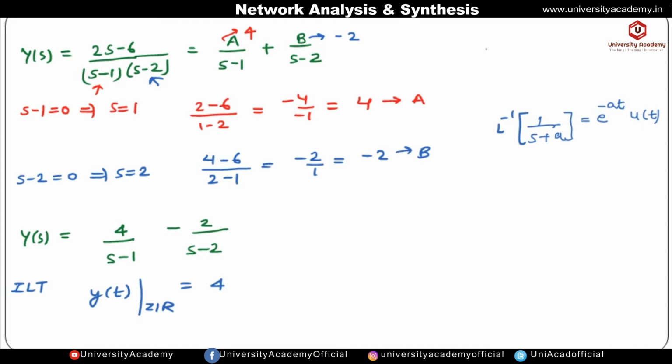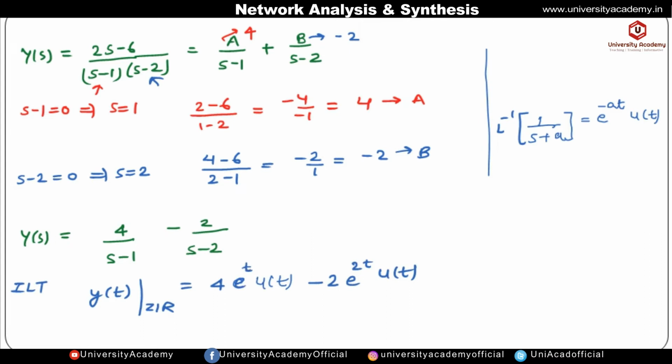Okay, so if we compare it with this expression, here a value is minus 1, so it will be equal to e to the power t into u of t. Okay, and then minus of 2. Okay, and here a value is minus of 2, then it will become e to the power 2t into u of t. Okay, so this is zero input response.